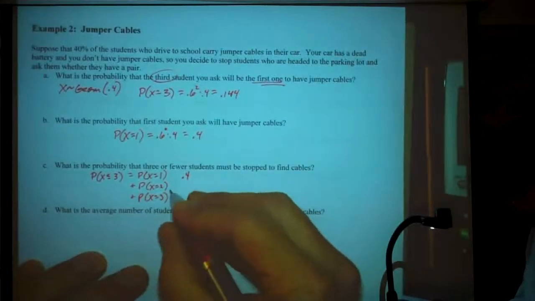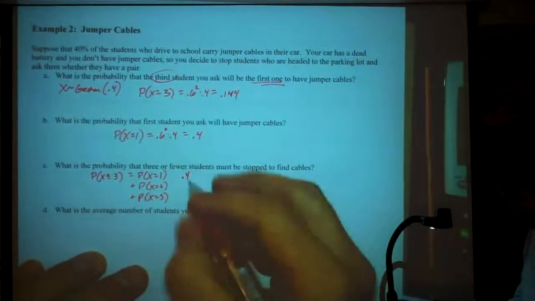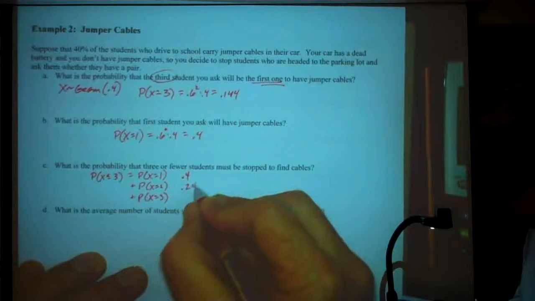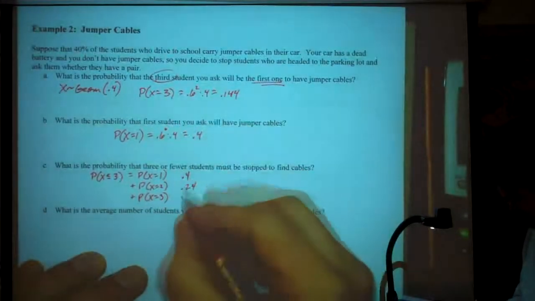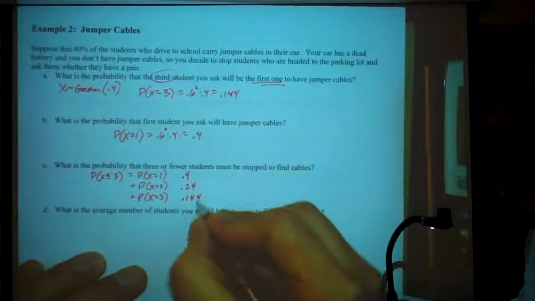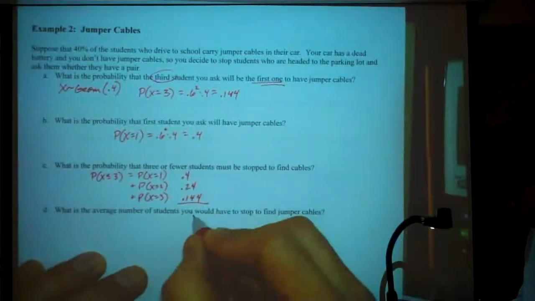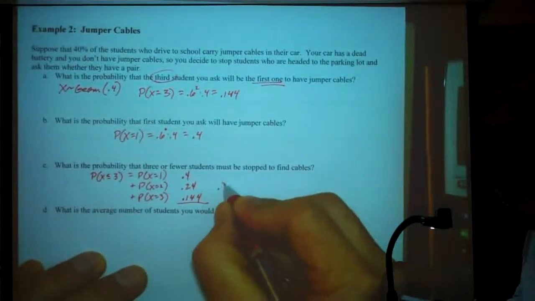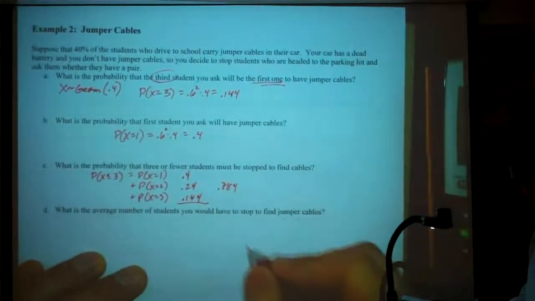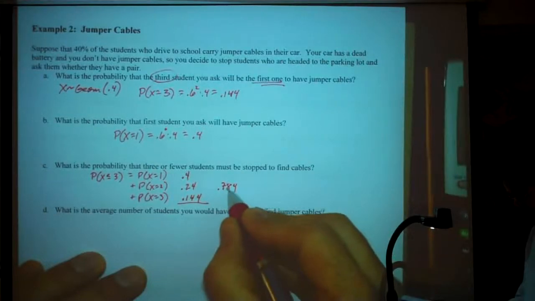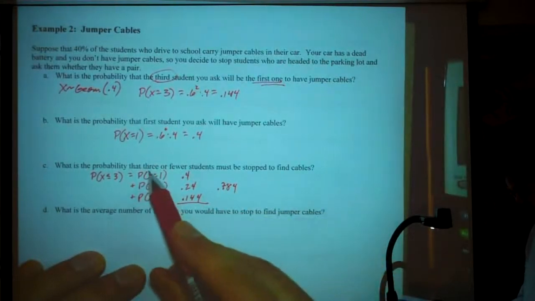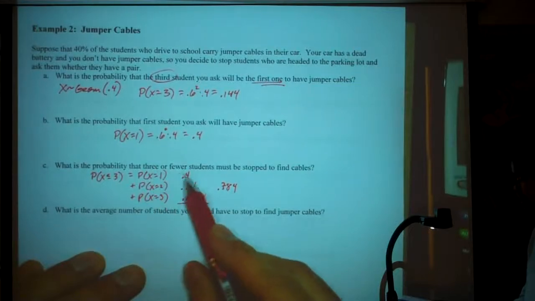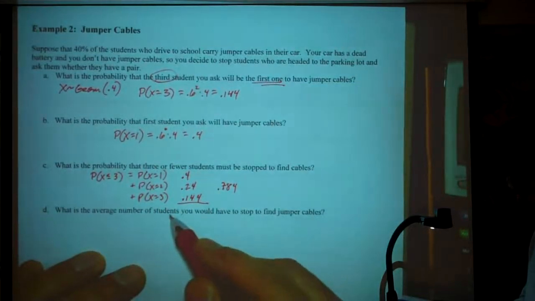Probability that x equals 2 is going to be 0.6 times 0.4. That's 0.24. Probability that x equals 3, I already calculated that. That's 0.144. And when I add all these up, I get 0.784. Okay? So there's a 78.4% chance that I'm only going to have to stop 3 or fewer students to get my cables.